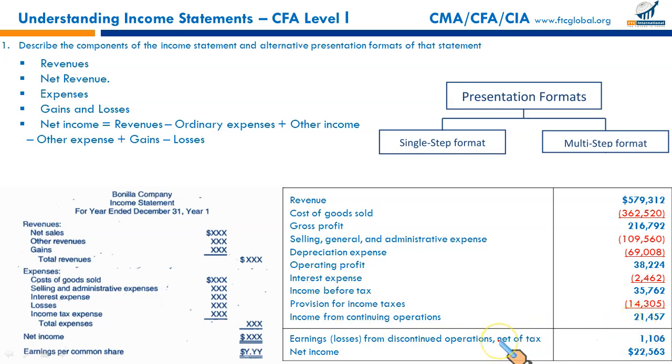We might have discontinued certain segments during the period. So adjusting those discontinued operations' net gains and losses after taxes gives us the net income. So this is a multi-step income statement, much more meaningful. It has much more relevance for our analysis for the purpose of performance evaluation.